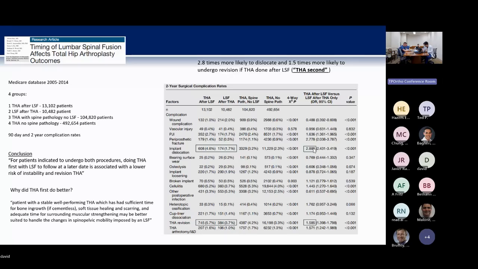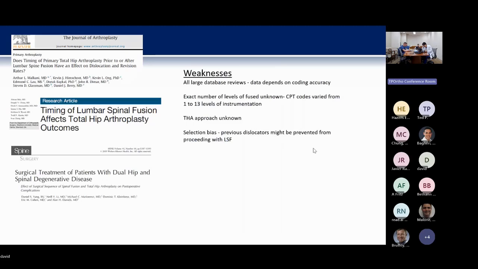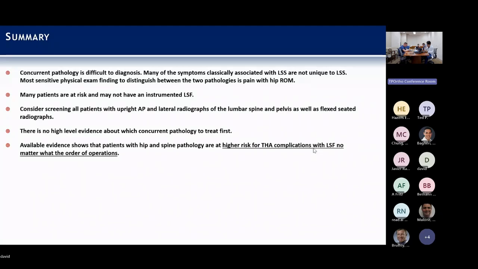So all these administrative databases are good at giving an overall picture of what's going on and trends you see over time. But they don't really tell us details that matter, like the difference in lumbar flexion or their standing alignment and pelvic tilt when they're starting. All of these can influence the dislocation rates. These are only hypothesis generators of things to look for and consider.